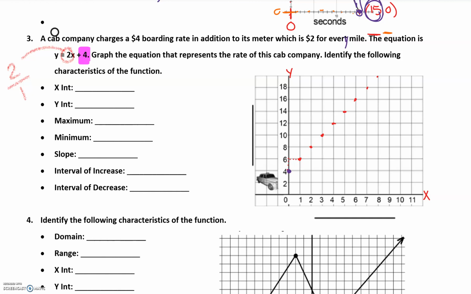Okay, and now what's interesting is we're going to connect these dots, and at this end over here, we're going to put an arrow because this could keep going. But on this left side over here, this is just going to stay a dot because our x's here are representing the miles, and our y's are representing the total cost.